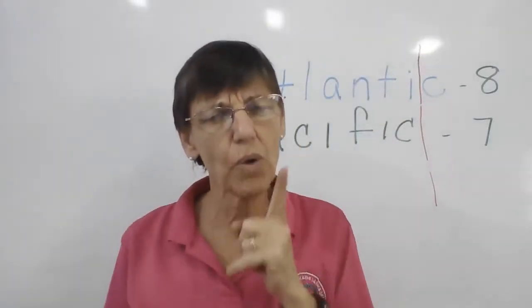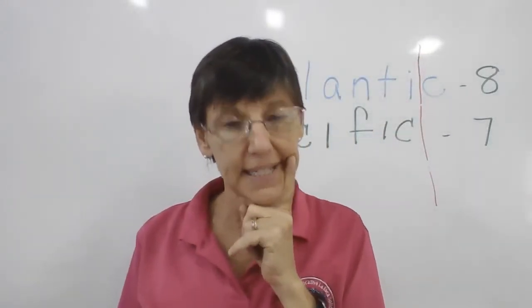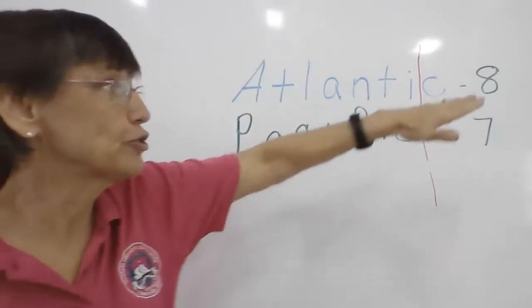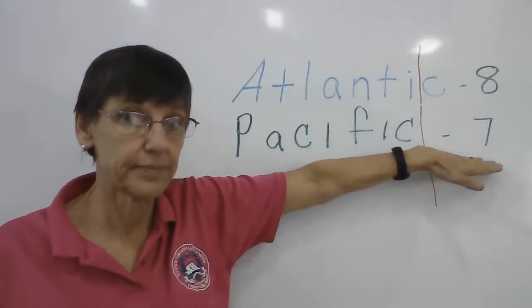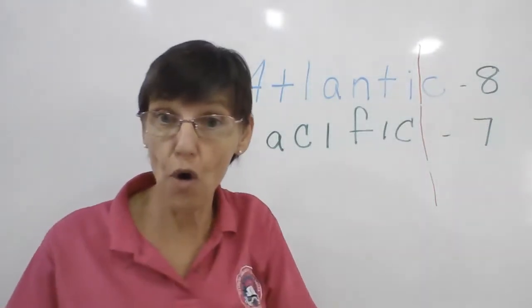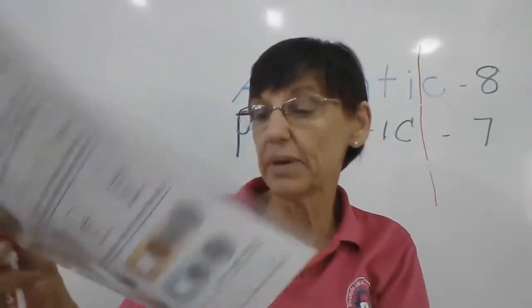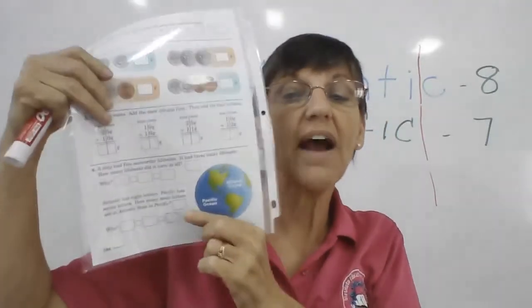What would be the number sentence that you would put in there? You see your 2 numbers. You know that those are the 2 numbers that go with the beginning part, right? We have our 8 and our 7.